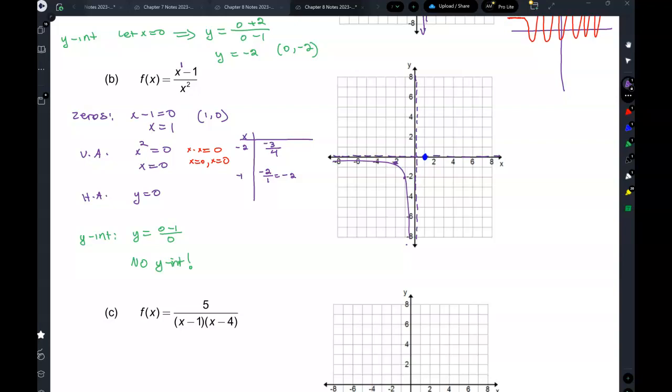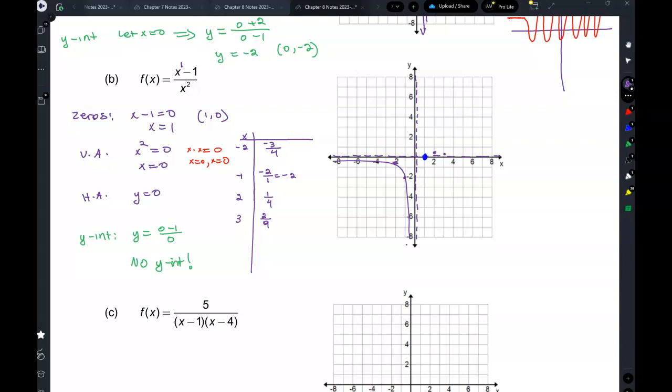We already have x equals 1, so why don't we plug in x equals 2? You get 1/4. When you plug in x equals 3, you get 2/9. Is that higher or lower than 1/4? Lower, so it goes back down.